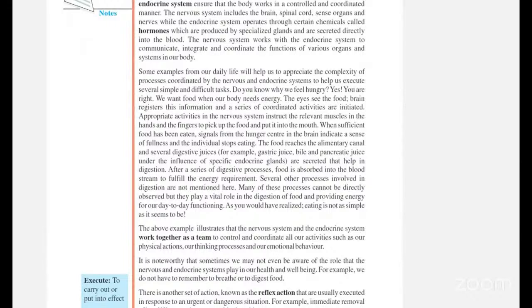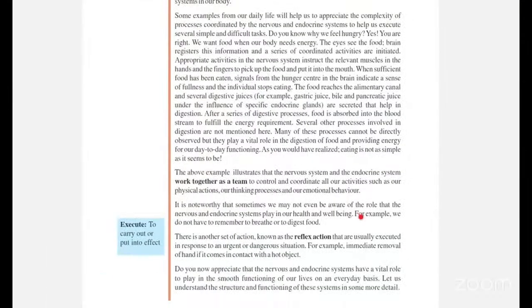So the nervous cells of our stomach will work and send the signal to the brain: oh, the food came. Now it's time for the release of HCl as well as pepsinogen, which is responsible for the digestion. So these all work as a team to coordinate all activities, physical action, thinking process, emotional behavior, everything.